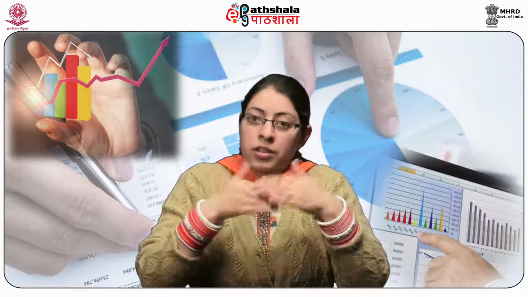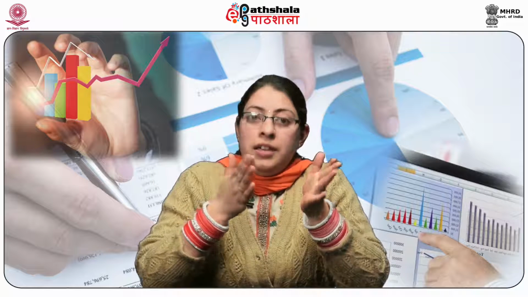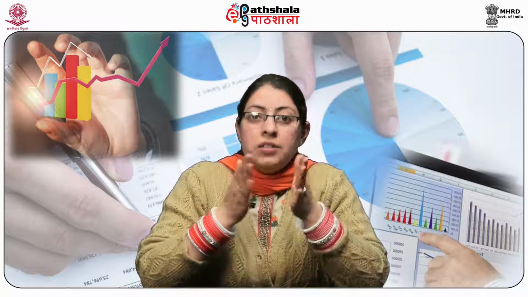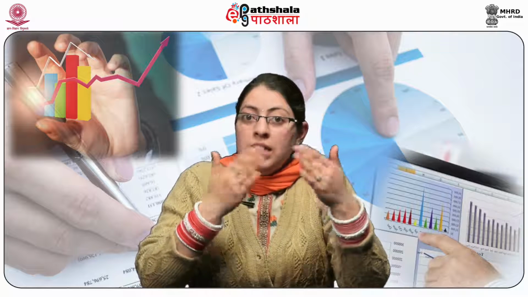Second, internal analysis. This analysis is operated by persons within the organization. In other words, internal analysis is done by persons who have access to the internal accounting records of a business.